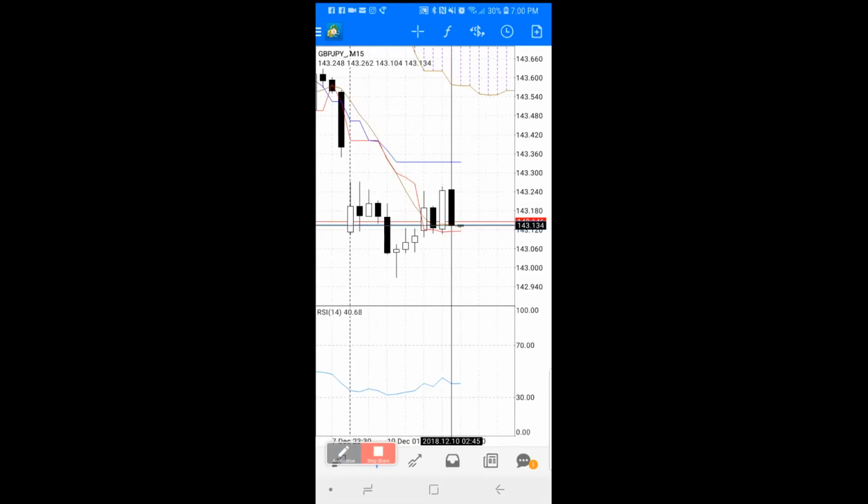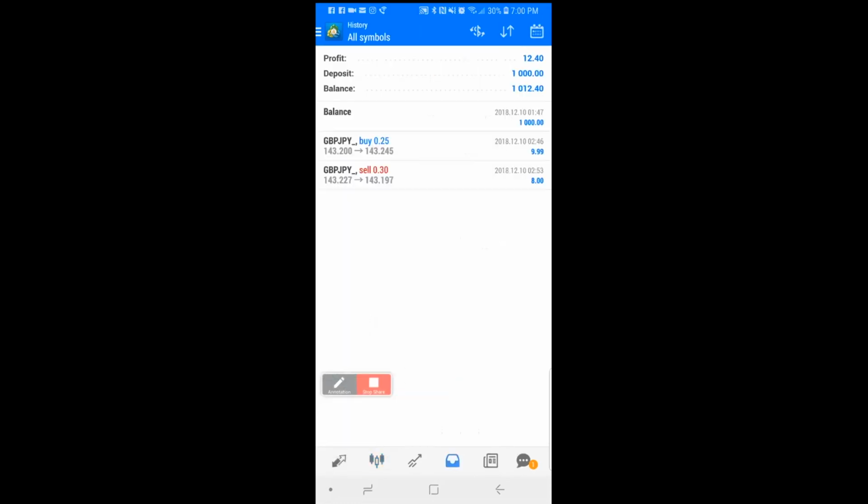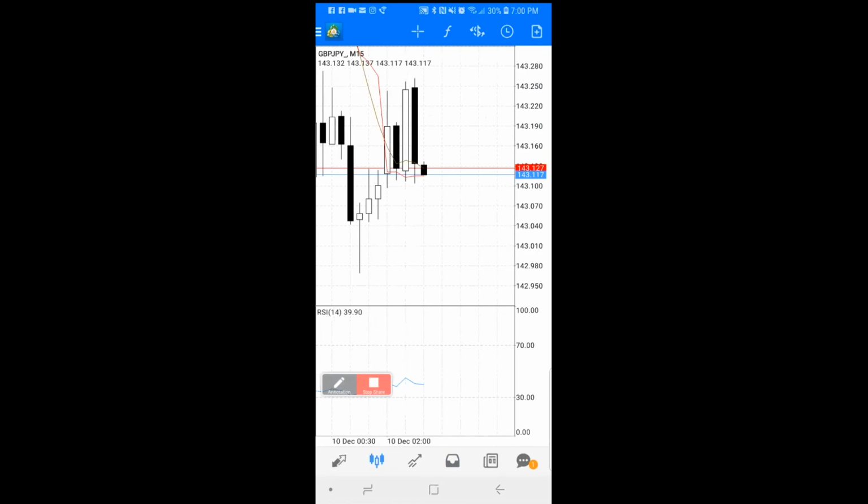Remember, RT, if you wanted to verify the information, we can go back to here. This is where we went into a sell. Our take profit was 143.127. If I wanted to verify that it hit, right now it's at 143.11, so 127 is right here where it hit.